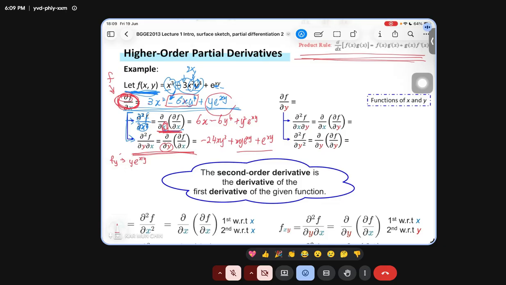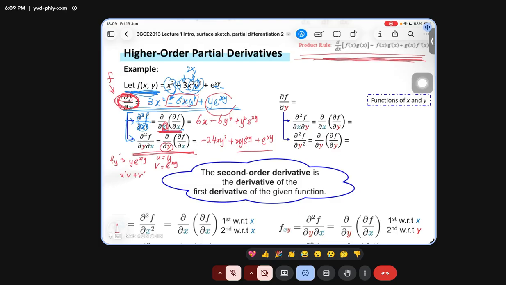So you can let u equal y, v equal e to the power of xy. With reference to the product rule, it will be differentiate u times v plus differentiate v times u.